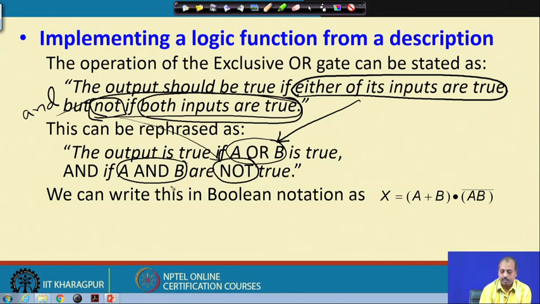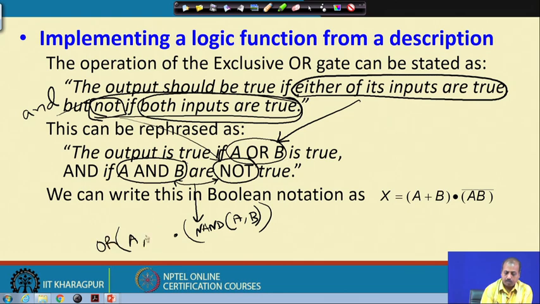If I join these two, I get a NAND of A and B. That should be there, and then it should be ANDed with A or B. So, this is the OR of A B. This is the whole expression that I am expecting.